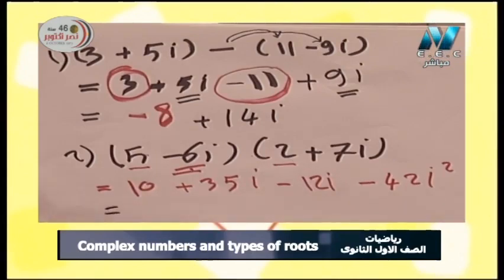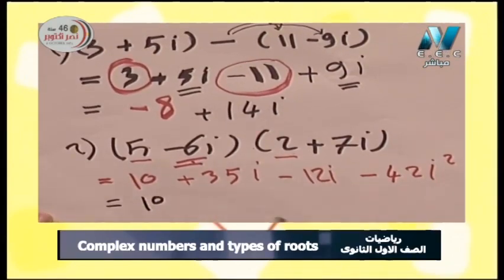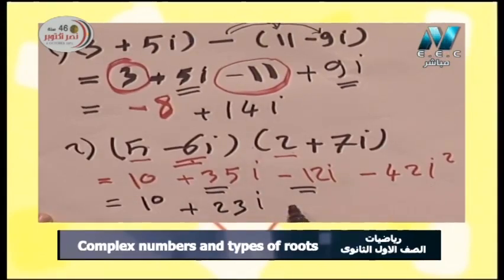Okay, we will add the real numbers. We have 10 here, and we have 35 minus 12 equals positive 23i. And we have also negative 42 multiplied by i power 2, which is equal what?